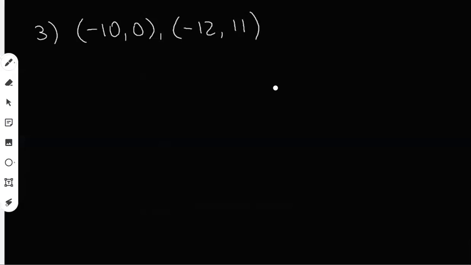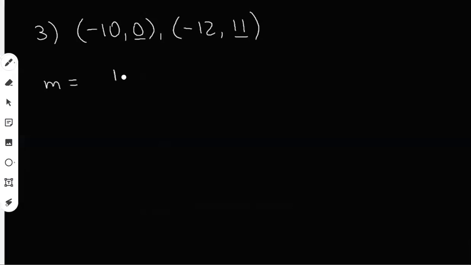So let's take a look at 3. So I've got -10, 0, and -12, 11. I'm going to underline the y values. This 11 right here is a y value, and this 0 right here.